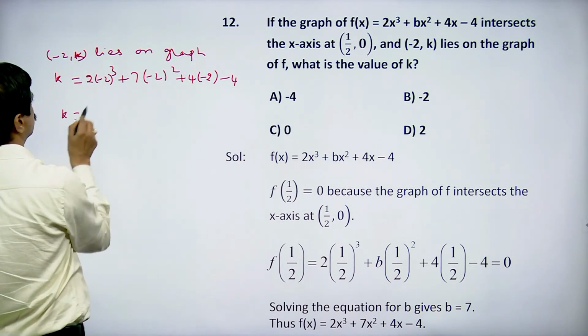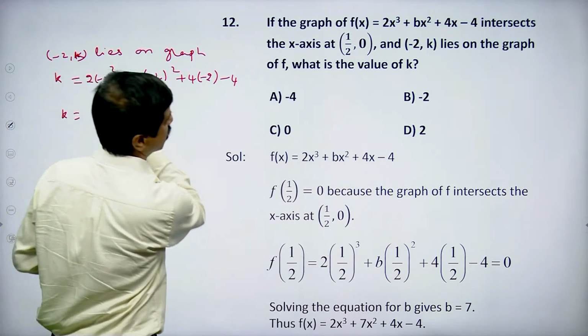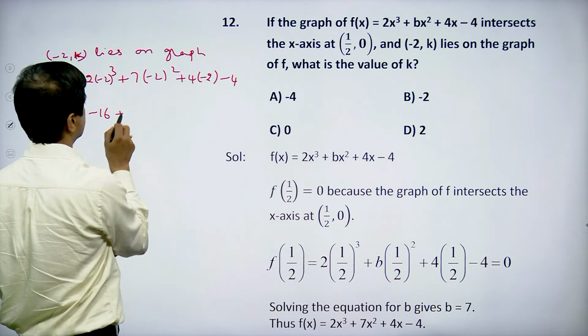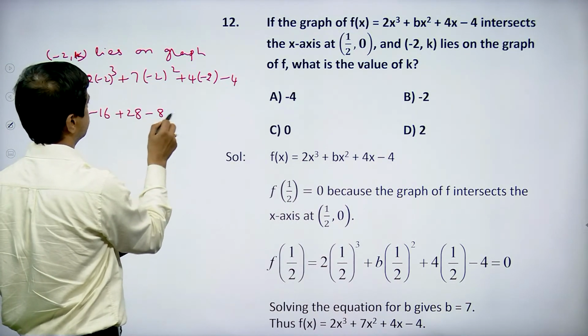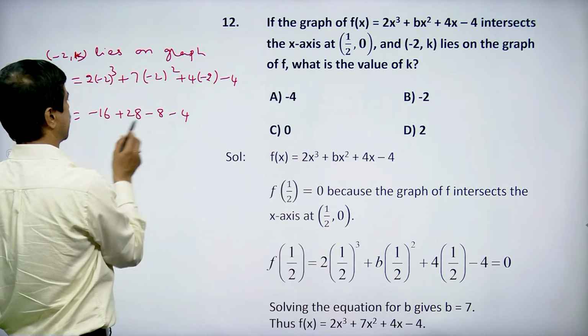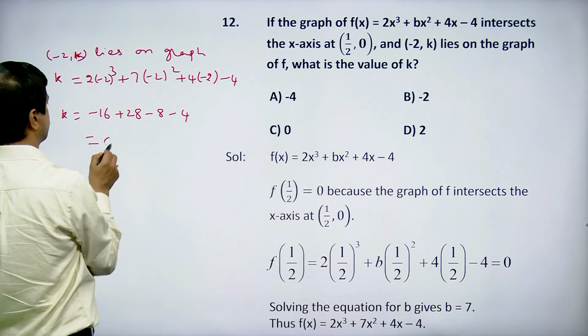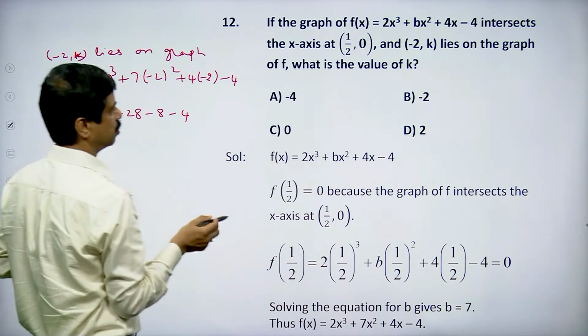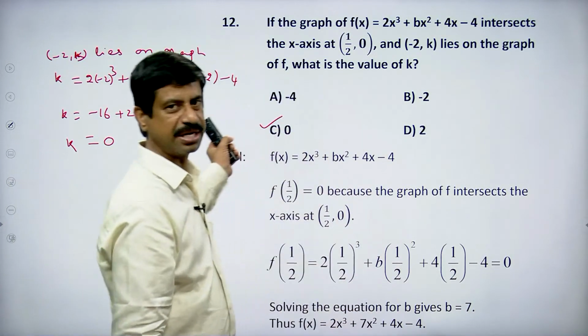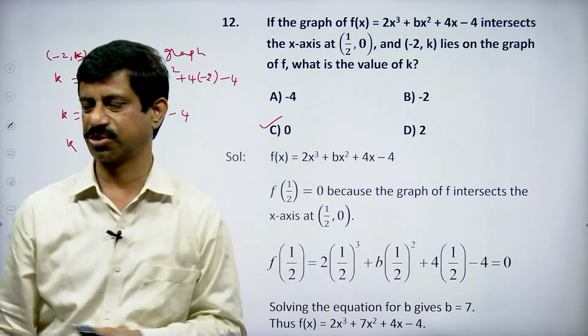So k equal to minus 8 into 2 is minus 16, 4 sevens are 28, minus 8, minus 4. Minus 16 minus 8 is minus 24, minus 4 is minus 28, plus 28 is 0. K equal to 0. Option C you have. Continuation of this I have done here. Right children, please note it fast, quick.